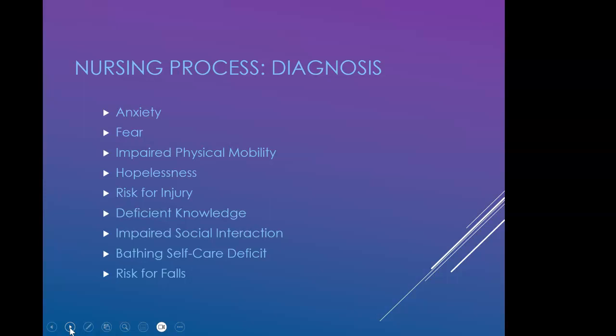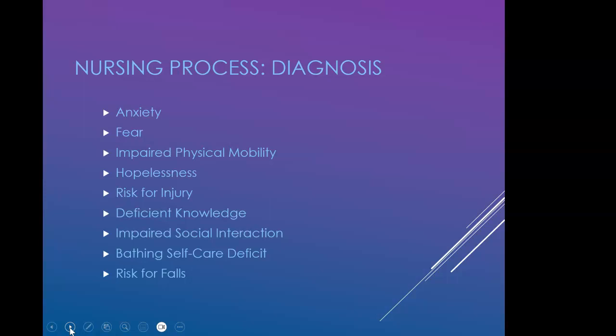Next, determine the factor that likely causes the patient's health problem. The etiology, or the related-to factor, of a nursing diagnosis needs to be accurate to ensure that you select appropriate interventions, which are things that you're going to do for them. So just think about that.